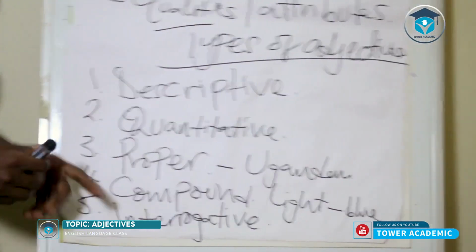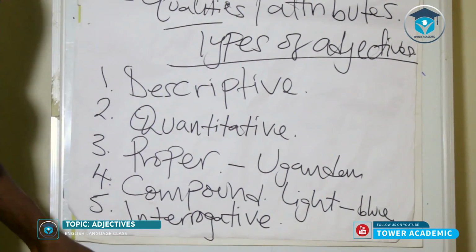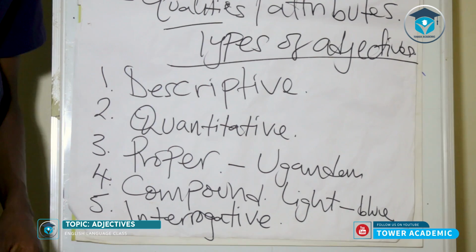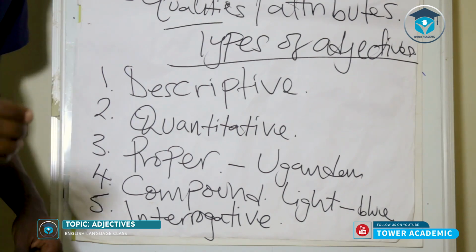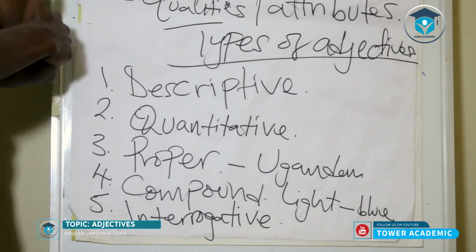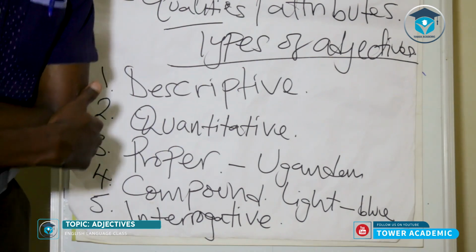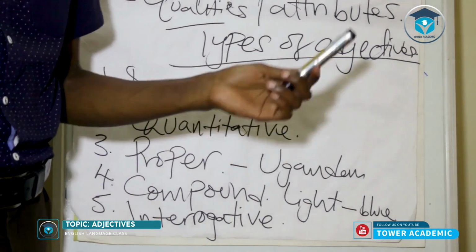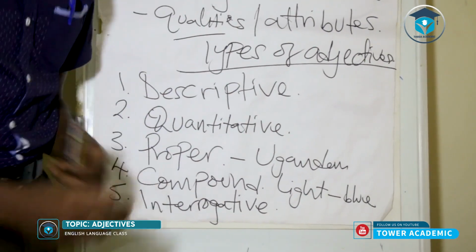But when we talk about interrogative, from which word does interrogative originate? It comes from the word to interrogate. And to interrogate means to ask. So if somebody comes to your gate and you have not seen them for a while, maybe you might have met an old friend and then forgotten them, and then you start by asking them questions.